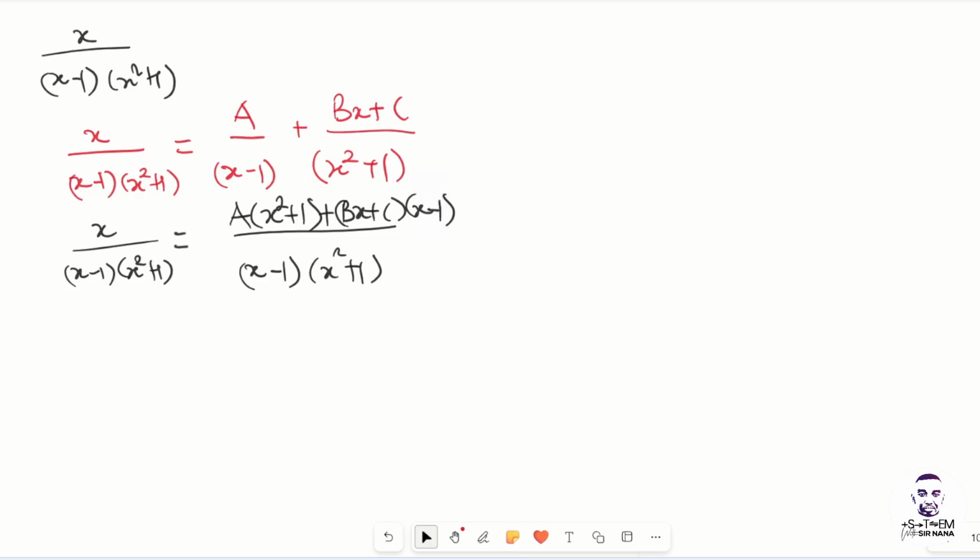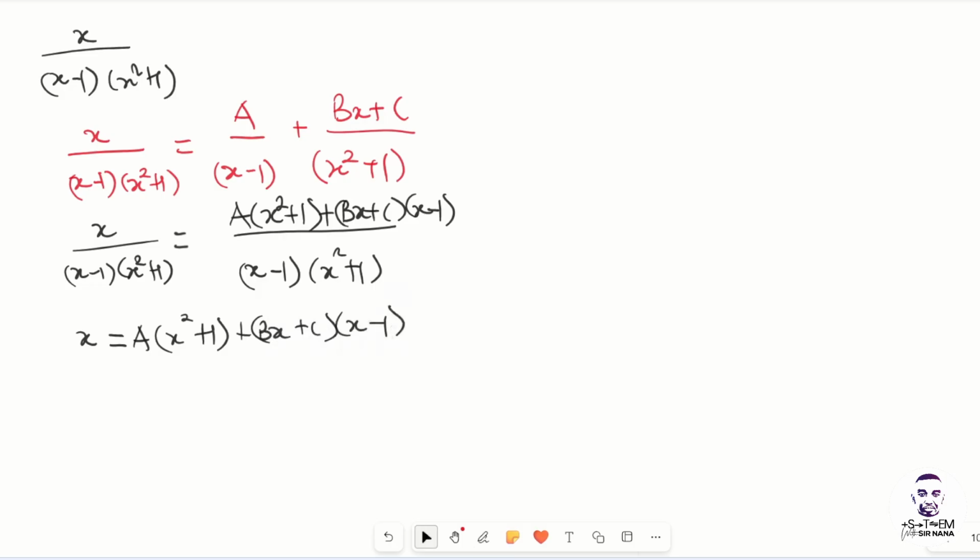So that implies that we have the denominators to be the same, so we equate the numerators. So we have x equal to a multiplying the expression x squared plus 1, plus bx plus c, multiplying x minus 1.